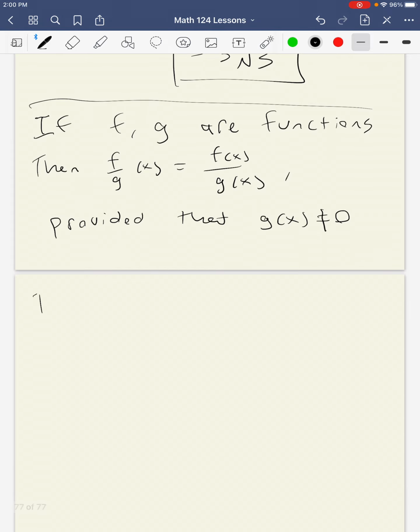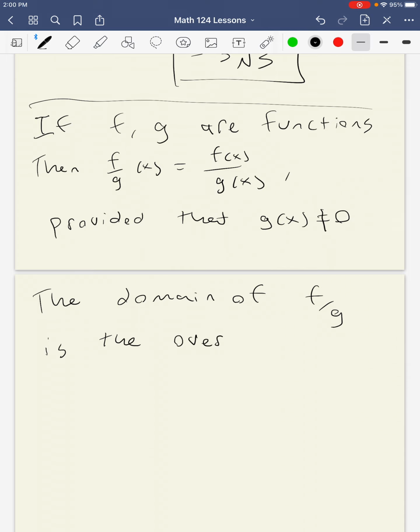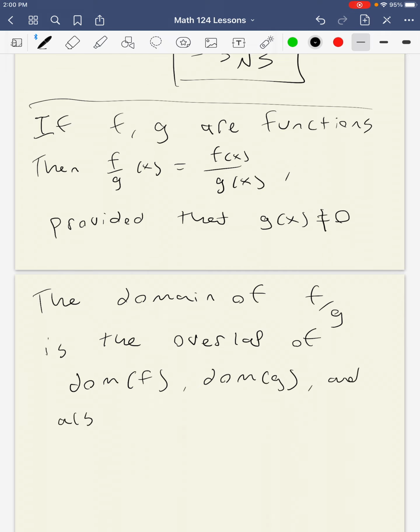Okay, now the domain of f over g is again the overlap or the intersection of the domain of f and the domain of g, and also we need to request that g of x does not equal 0.